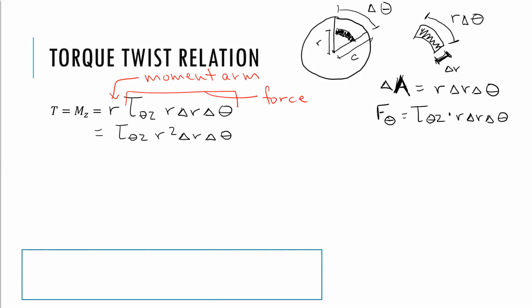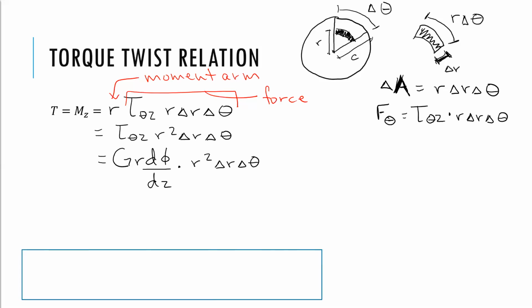We have already obtained an expression for shear stress, right? Relating shear to strain. So shear stress, we said previously, is G r dθ/dz. So I'm going to plug that in and multiply by r squared Δr Δθ.